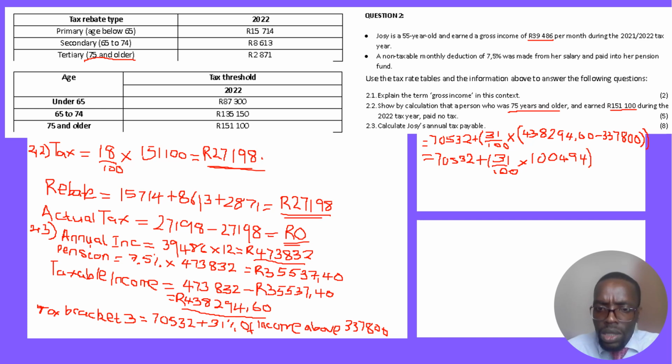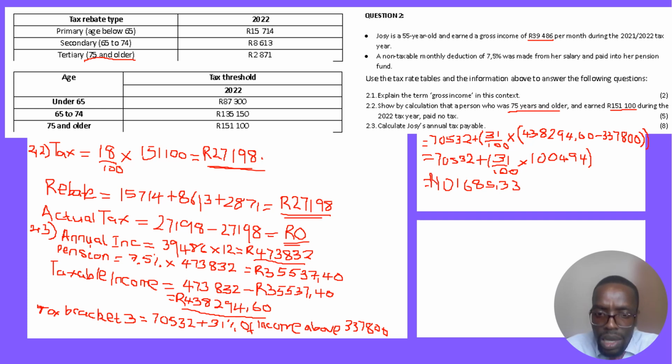Then you close that bigger bracket, and if you calculate 31% of that and add it, you just enter the figure straight into your calculator. You are going to get your final answer as 101,685.30.